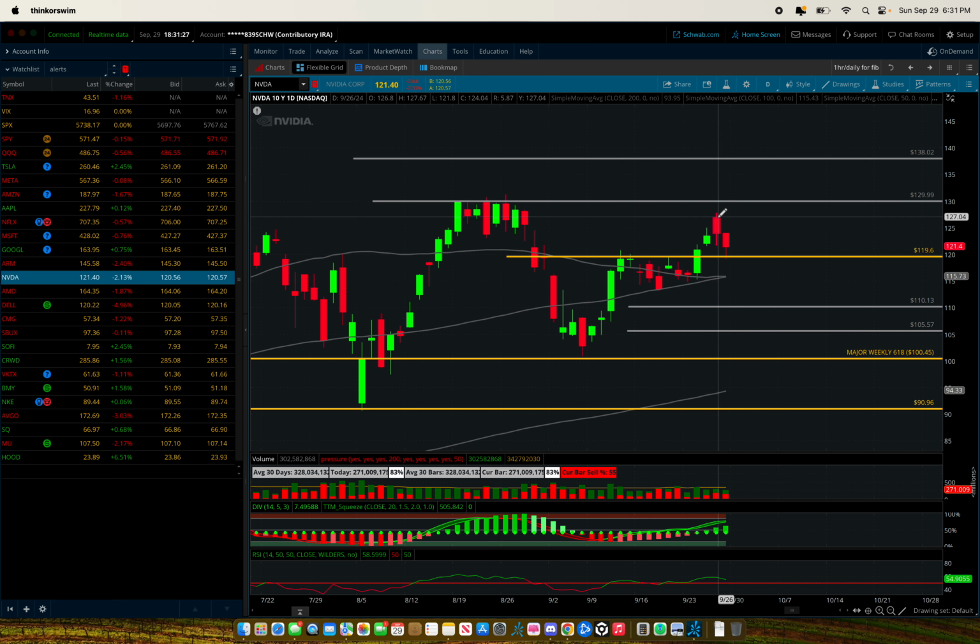That ran into the supply zone around this area, which then rejected, and it looks like a possible back test of 119.60, which is where we broke out on Nvidia.